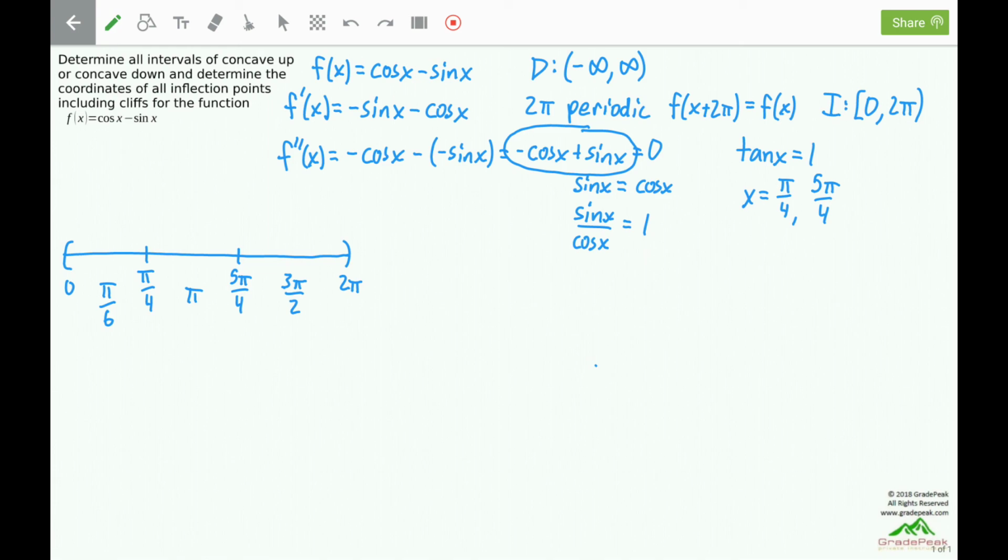So that'll be negative square root of 3 over 2 plus the sine of pi over 6, which is 1/2. So negative square root of 3 over 2 plus 1 over 2. Square root of 3 is bigger than 1, and it's a negative. So negative square root of 3 plus 1 will be a negative number over the common denominator of 2. We have a negative second derivative, which corresponds to concave down.